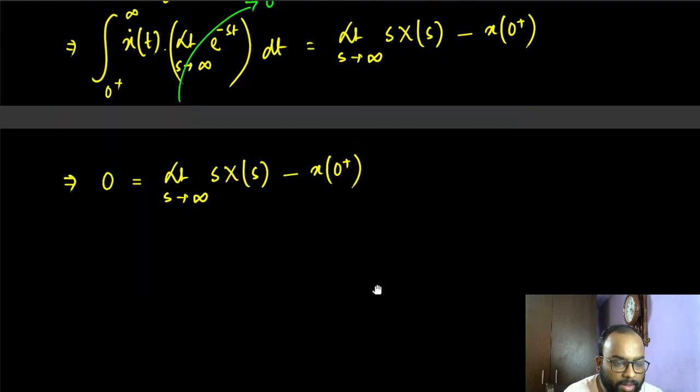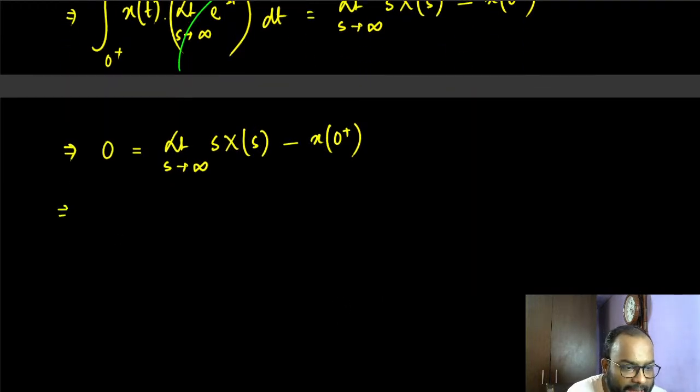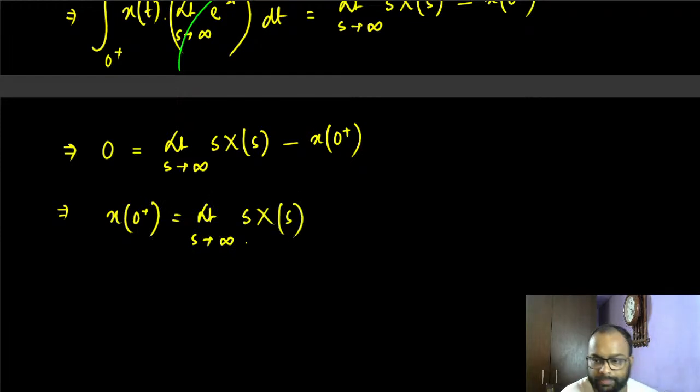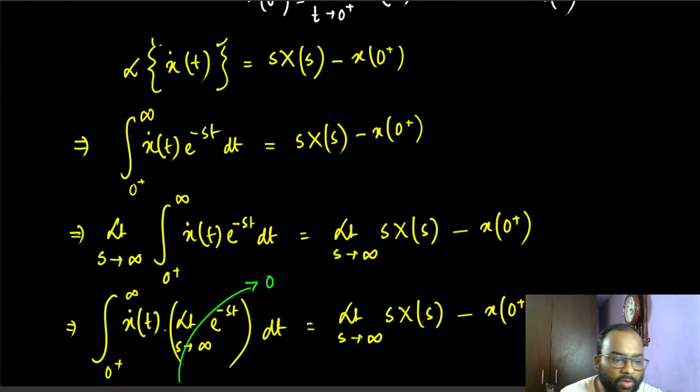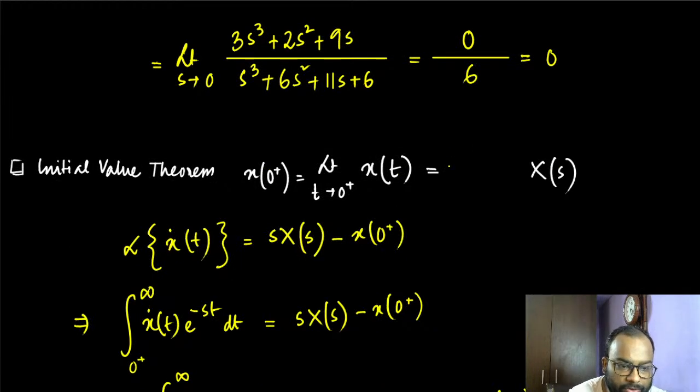And just like that, we can say x(0 plus) is the limit as s tending to infinity of sX(s). Just like that, you can actually calculate that. So this is your final value theorem, sorry, initial value theorem. We are calculating the limit as s tends to infinity of sX(s).